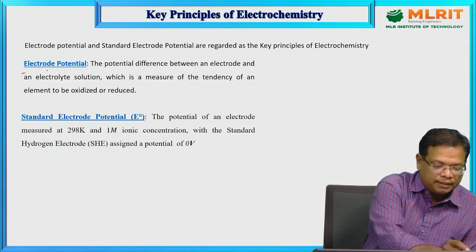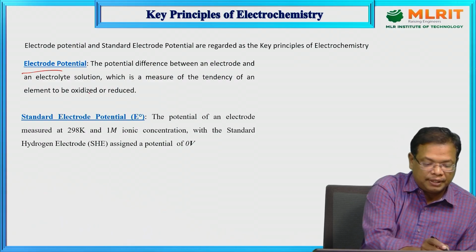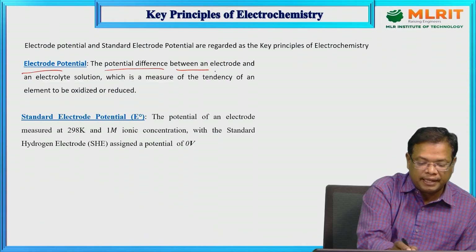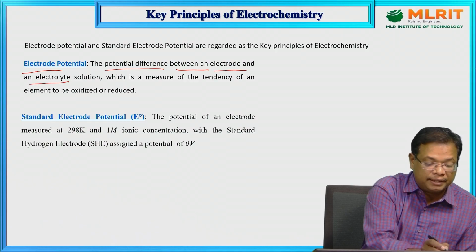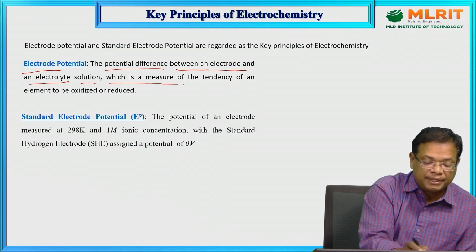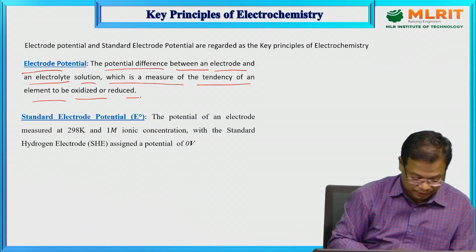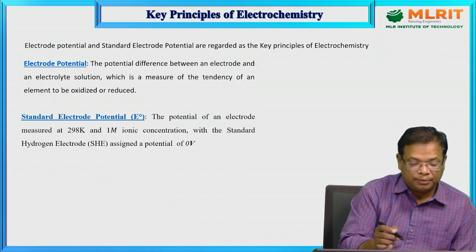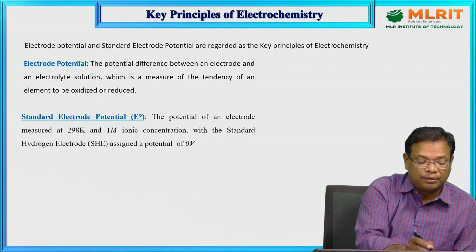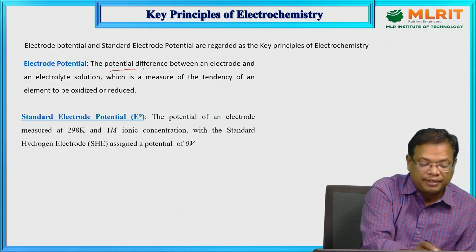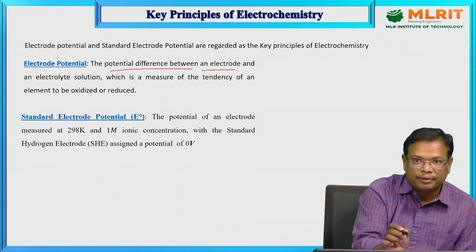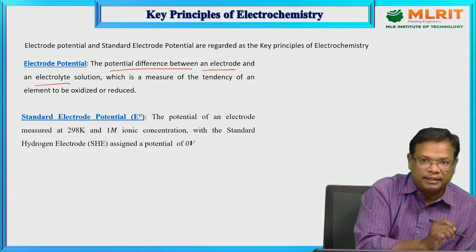So what is electrode potential? The potential difference between an electrode and an electrolyte solution, which is a measure of the tendency of an element to be oxidized or reduced. We have to know that the electrode potential is the potential difference between an electrode and electrolyte.